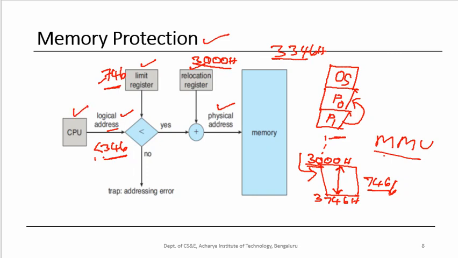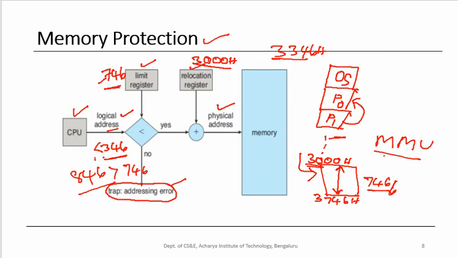Now suppose the CPU generates some logical address like 846, which is greater than 746. Therefore a trap is generated to the operating system, which will display an address error to the user. So the user will come to know that the process is making an attempt to access the address space of some other process or the operating system.